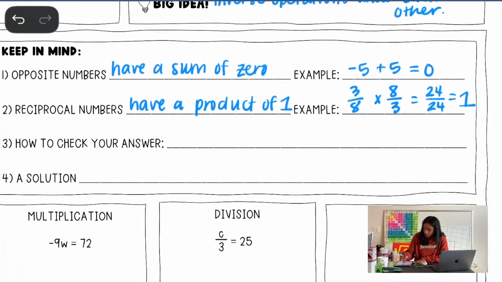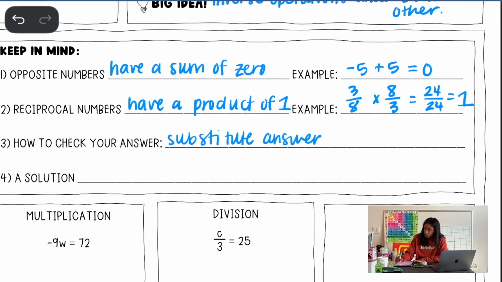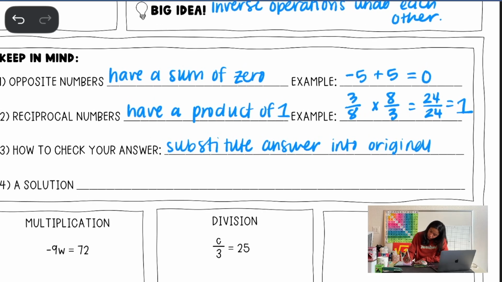So how to check my answer? I'm going to substitute my answer into the original equation, and I'm going to solve it.